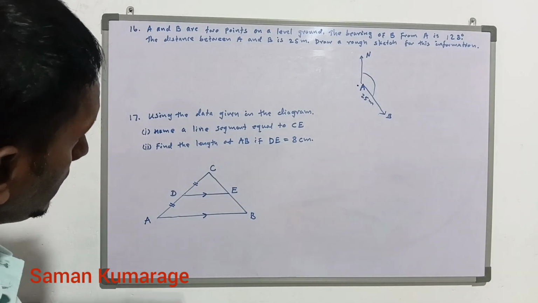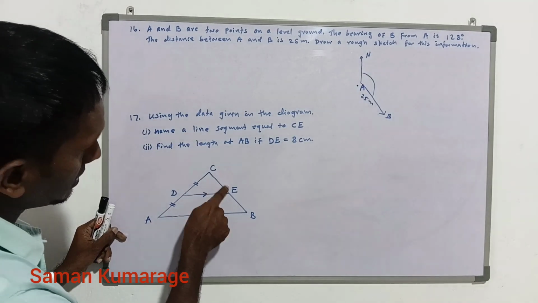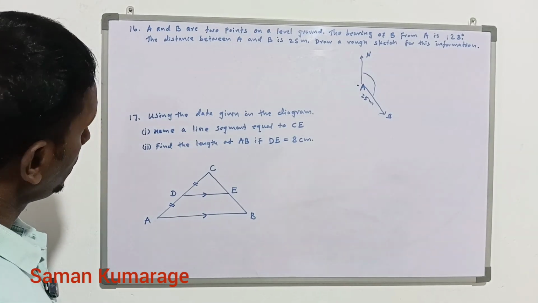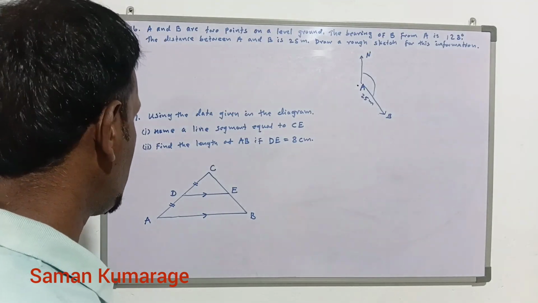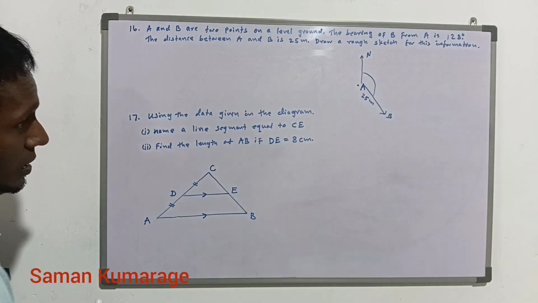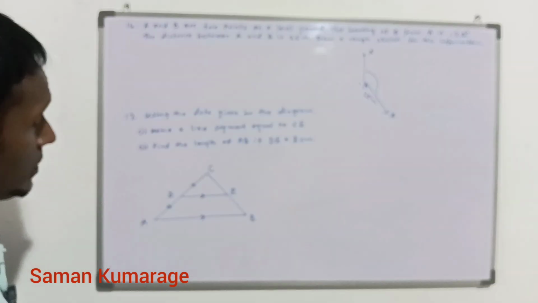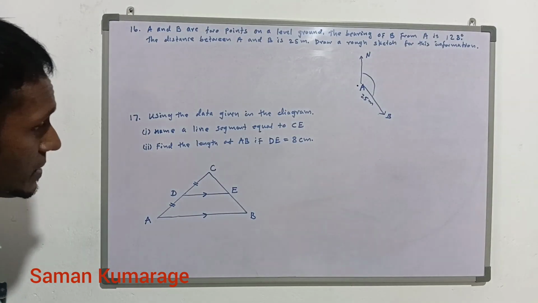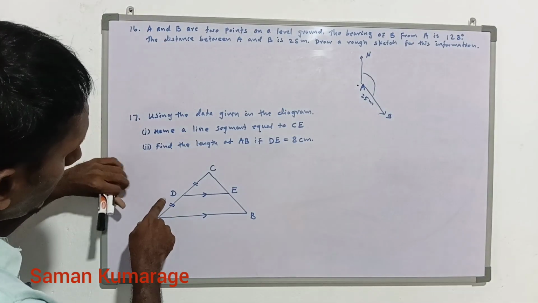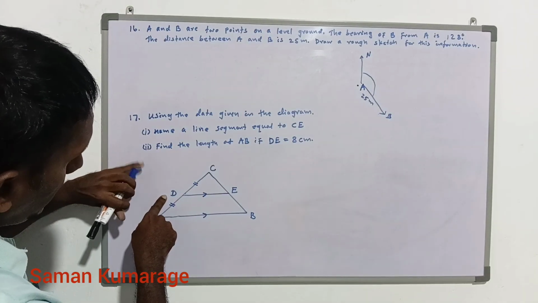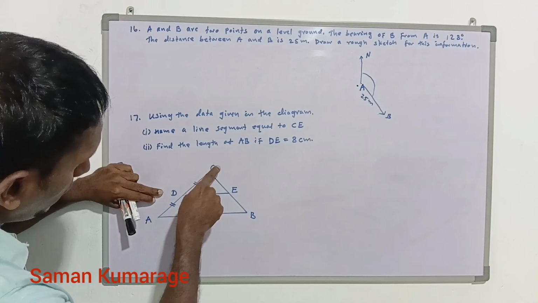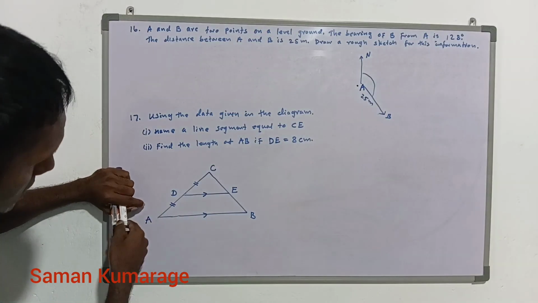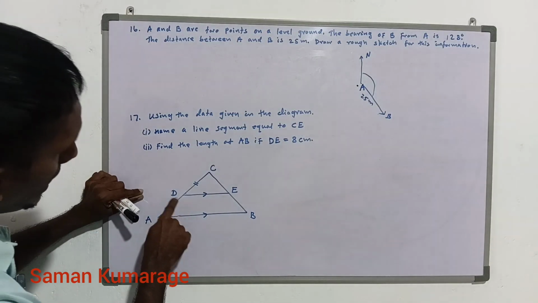Name a line segment equal to CE. CE is here. If you know the 21st theorem, which is the converse of the midpoint theorem, it says a line drawn through the midpoint of one side. Look at this diagram.